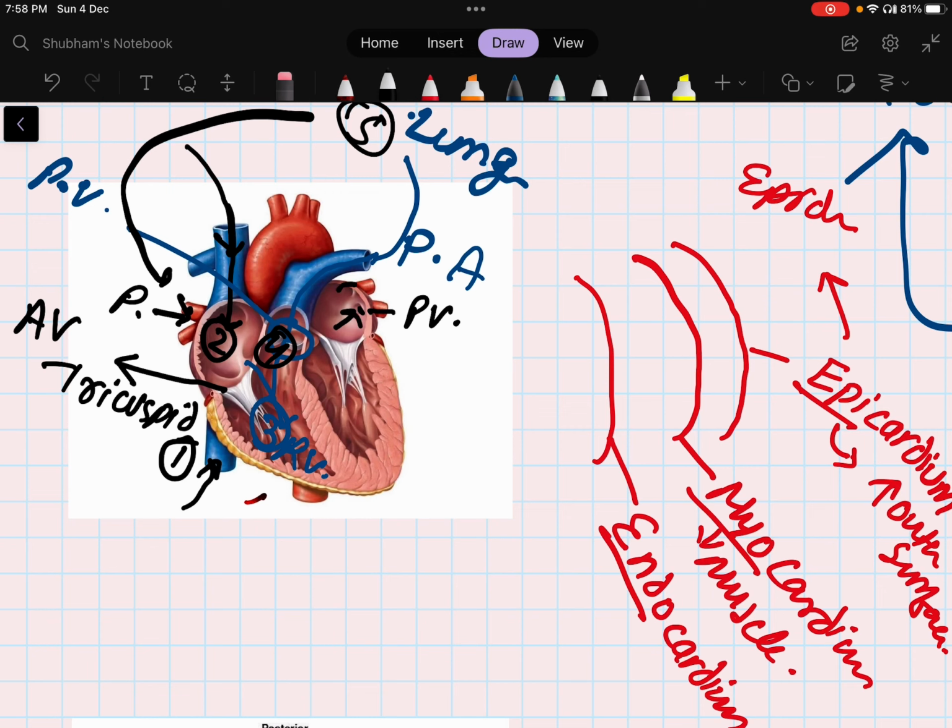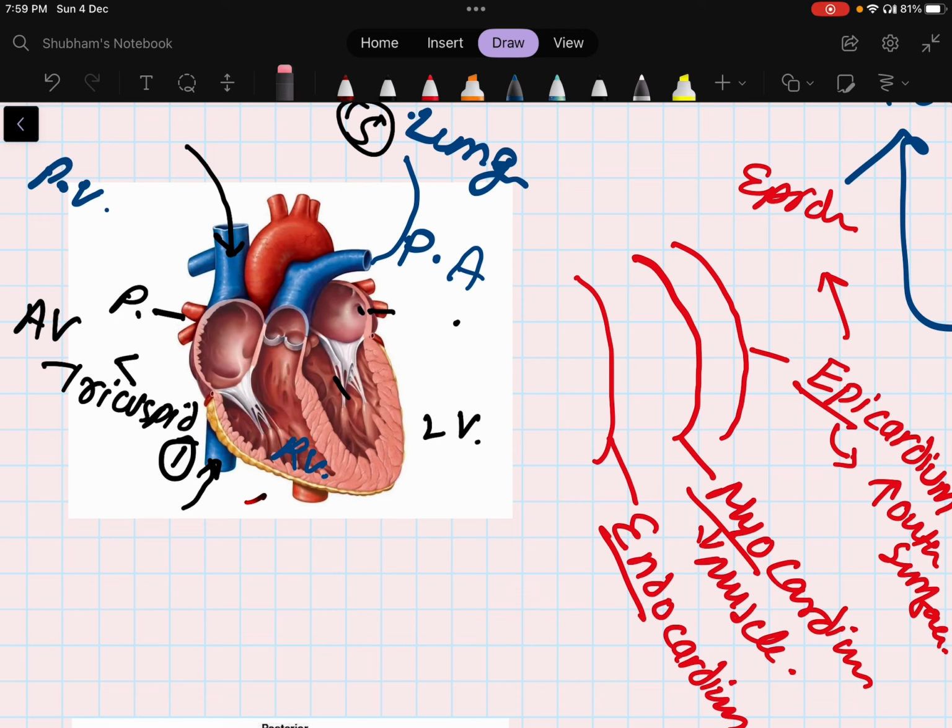When this chamber contracts, this will prevent backflow of the blood. From here, blood will travel into the left ventricle.